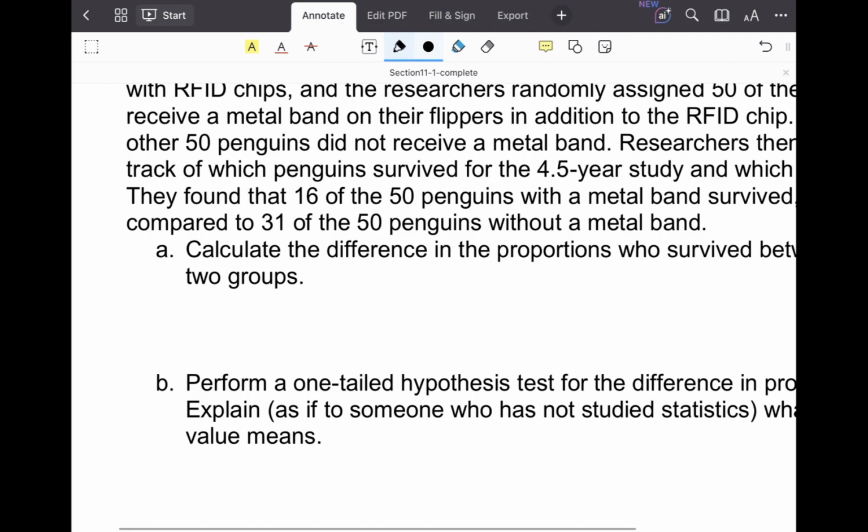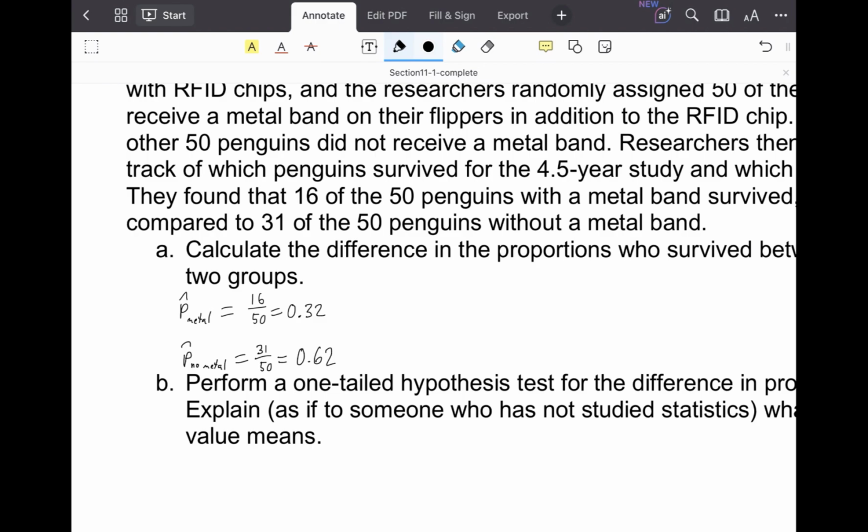So I'm just going to label these p hat metal, and that's 16 out of 50, which gives us a 32% survival rate. So not very good. I'll put no metal for this second one. And this was 31 out of 50. So 0.62.